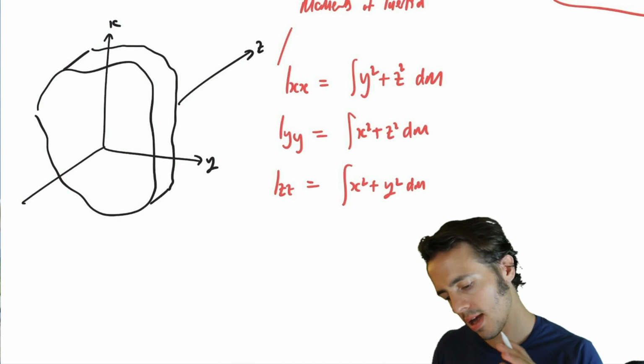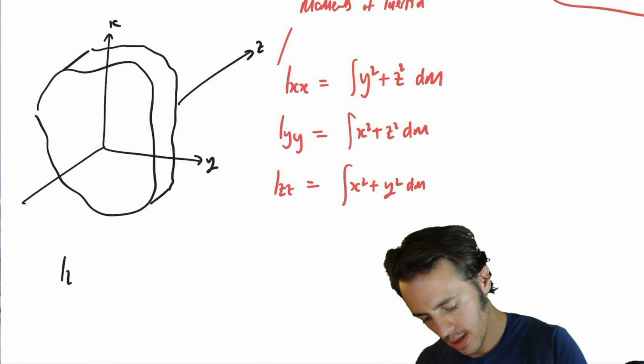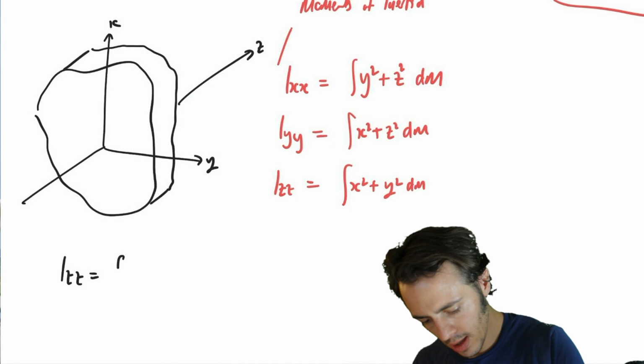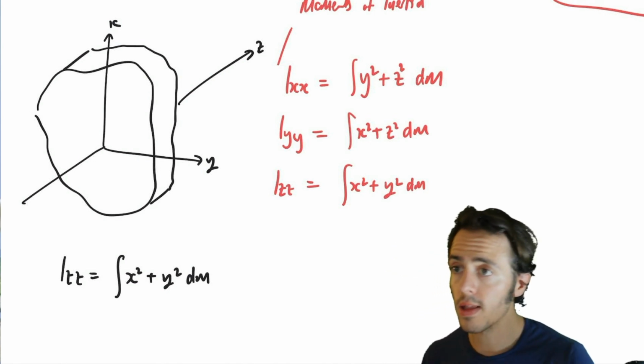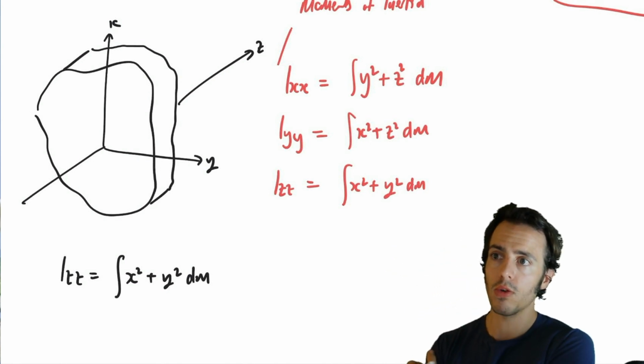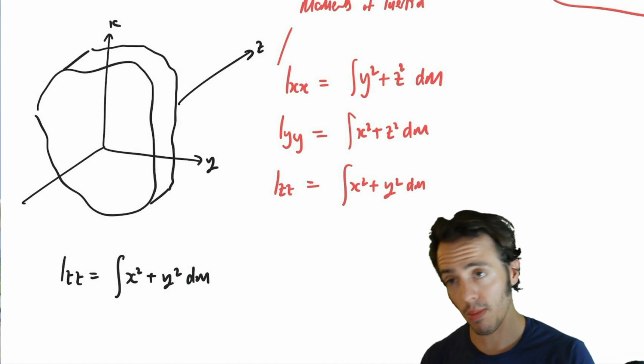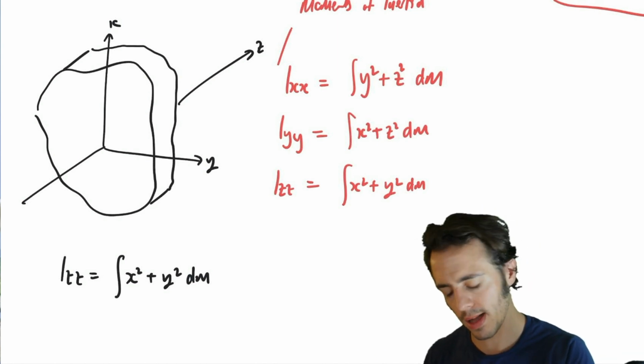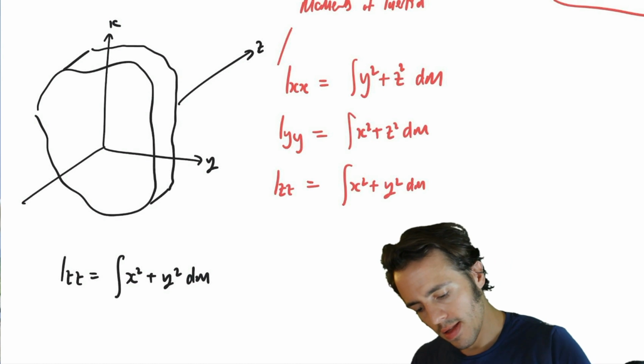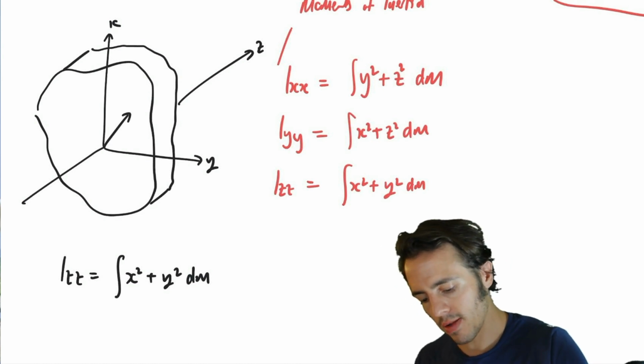So then the Izz is equal to the integral of x squared plus y squared dm. Or if we have a uniform density, it would be x squared plus y squared dA, all multiplied by a density. This is then just a function of how mass is distributed.